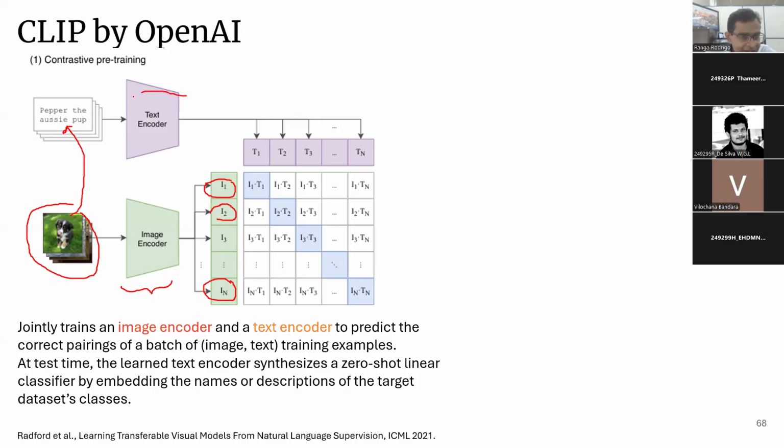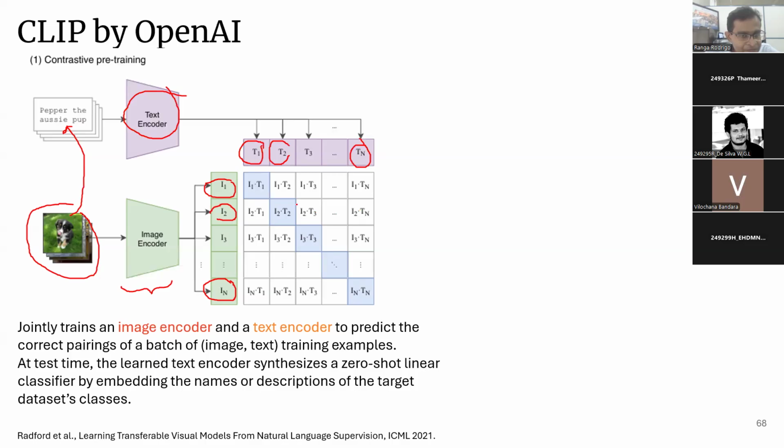So for that, there's a textual encoder, and image 1's corresponding caption will be encoded as T1. Image 2's corresponding caption will be encoded as T2. Image n's corresponding caption will be encoded as Tn.